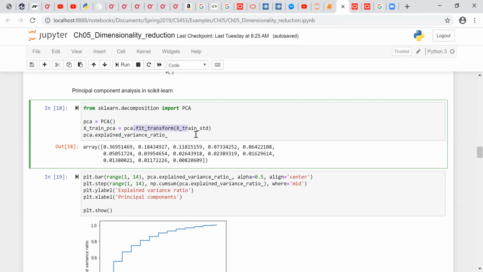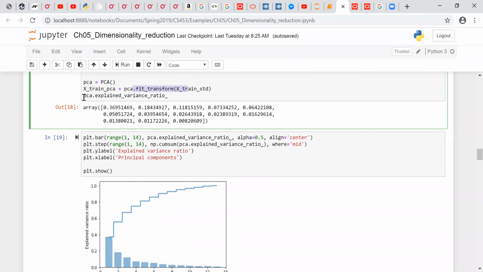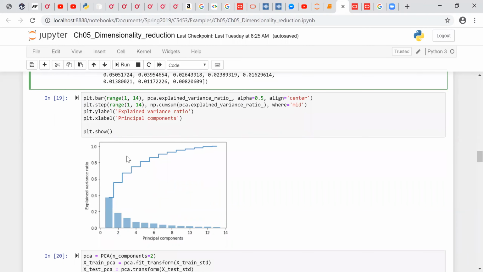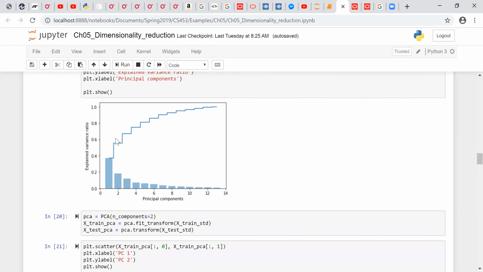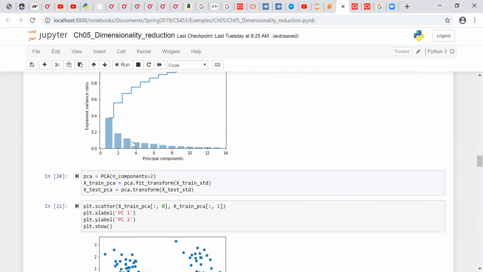After the transform, if you want the explained variance ratio, you can just call the PCA attribute that gives the explained variance ratio, basically giving you the feature importance. This is similar to what we saw previously when we used NumPy to calculate eigenvalues and eigenvectors.